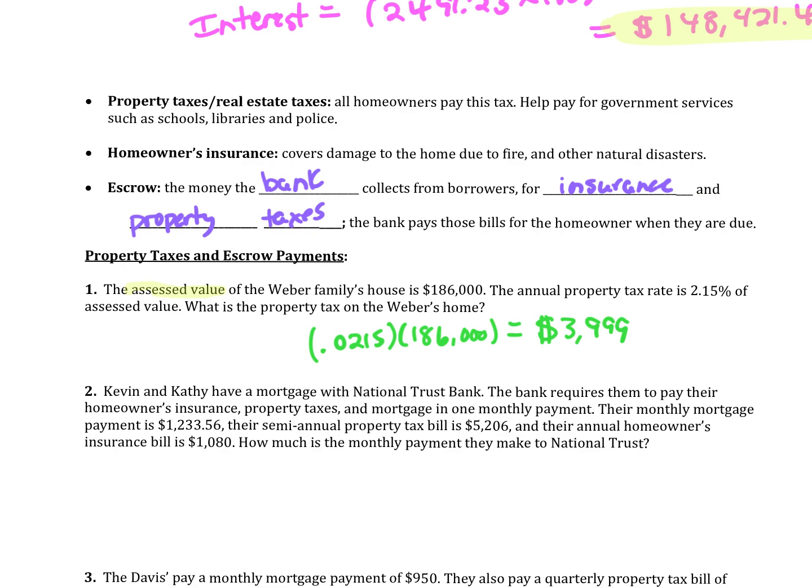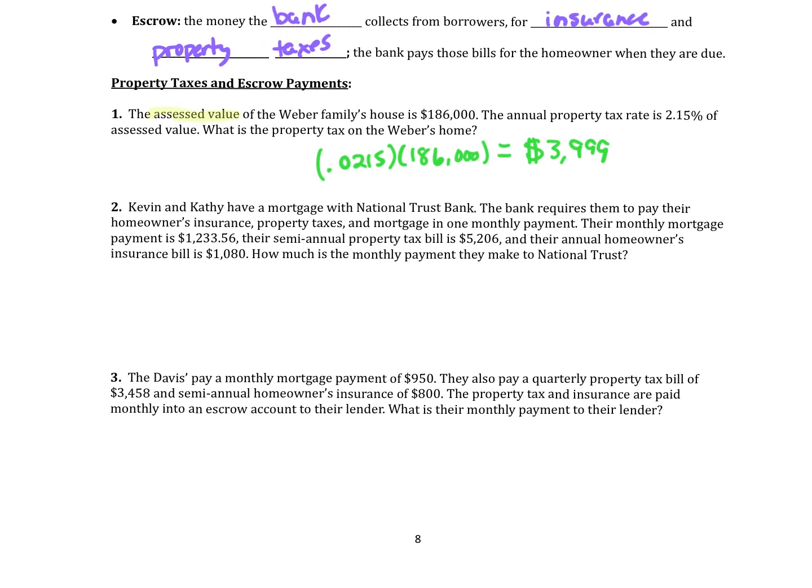All right, let's look at a couple other examples of types of problems you're going to be doing. The bank requires them to pay homeowners insurance, property taxes, and mortgage in one monthly payment. The monthly mortgage payment is this amount. Semi-annual, let's be careful about what we're reading here.